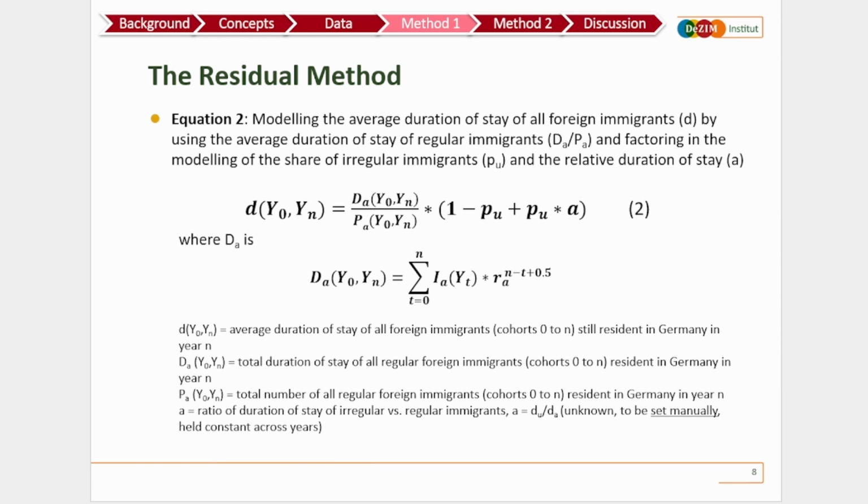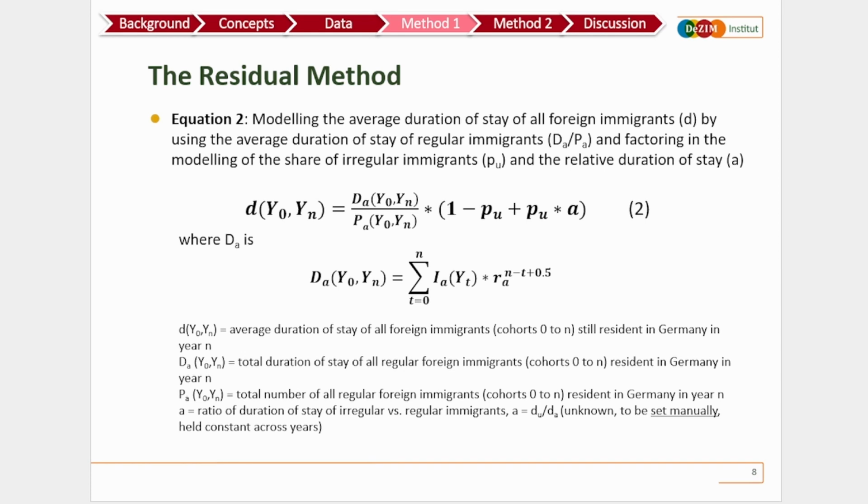You can actually get it from one of the data sources as well. And then in the end, test different versions of parameters for A to see if it has an effect and what kind of effect it has. So two parameters to estimate, PU and RA.